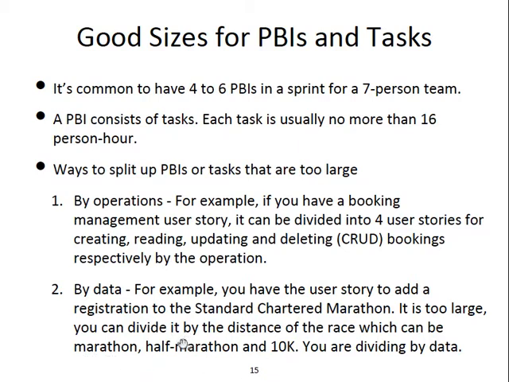Marathon distance goes to a group of data, or half marathon, because in the Standard Chartered Marathon, not everyone runs the full marathon. Some people only run 10K. So perhaps you can divide the whole thing by data. So which one is better? It probably depends on the need.